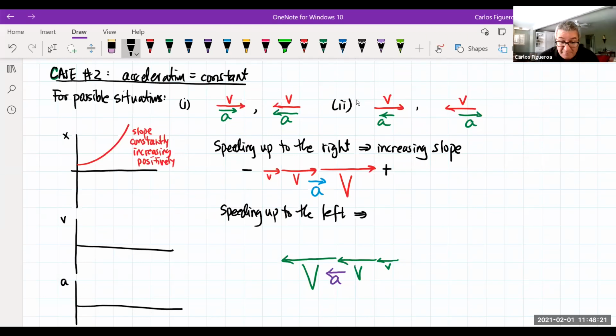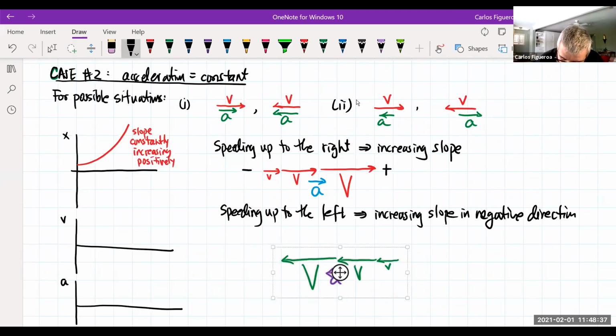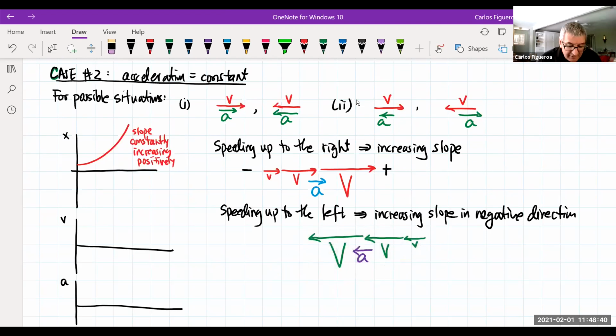But I've got to be careful here. So this is increasing slope in the negative direction. So when I'm looking at this, my slope should be going in the opposite direction, right? So in this case, I have a slope constantly increasing in the negative direction, or negatively.